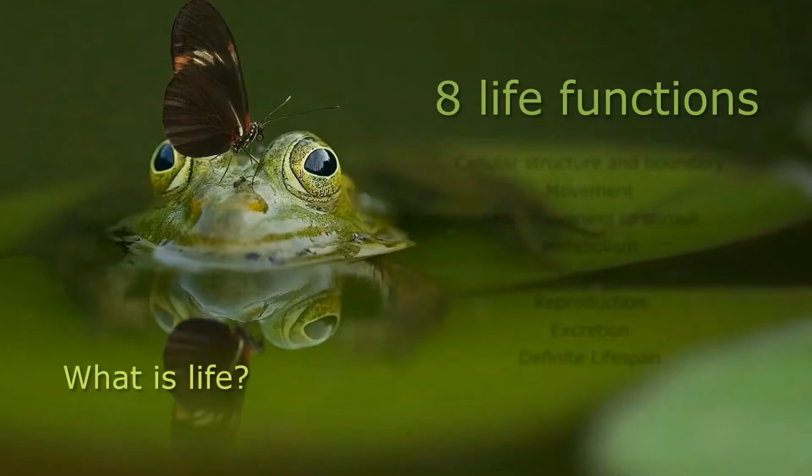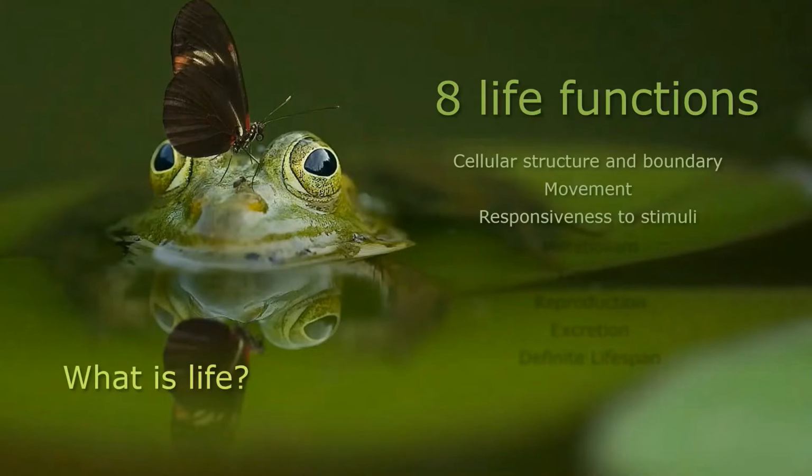So we would say, what is life? Well, first of all, it has some sort of basis in cells. That is, there's some cellular similarity across the spectrum of life. And then there are some boundaries associated with those structures. Life typically moves, although there are many ways to do that. Life tends to respond to a stimulus.